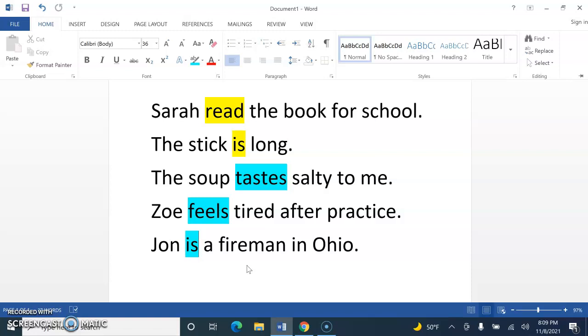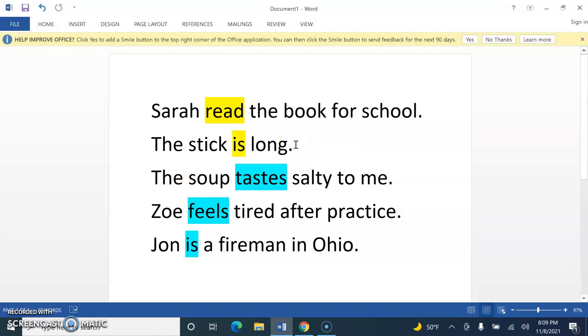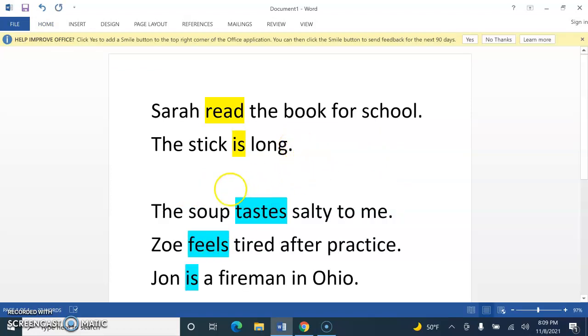Okay, now let's look at these sentences because we're going to do some sentence pattern identification. So I'm going to give myself a space. And we said that soup was our subject, and we said that tastes was our linking verb, so I'm going to put an LV there for linking verb, move it over, and then we said that salty was a describing word, so that makes it an adjective, so that becomes a PA.